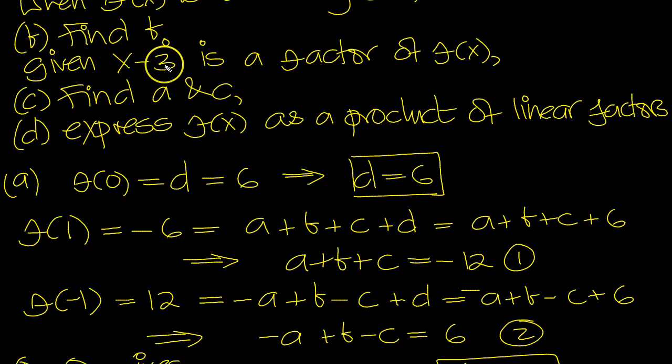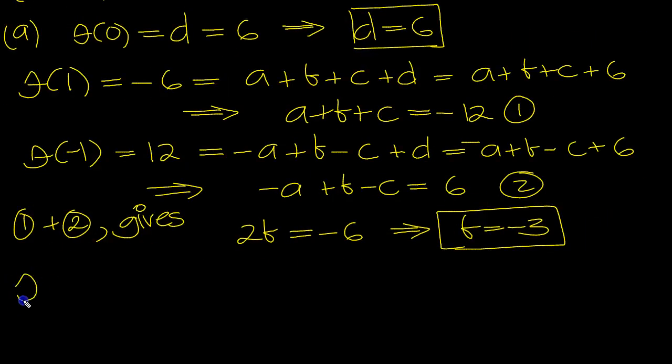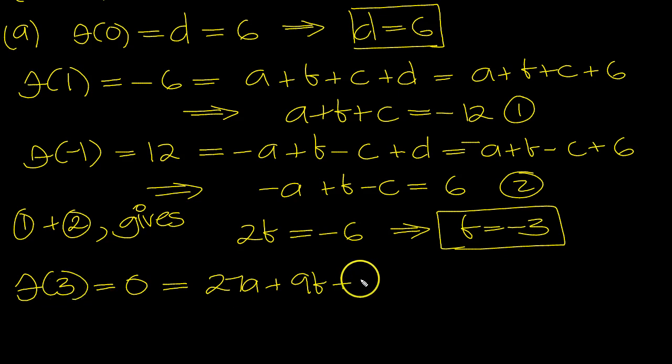Given that x minus 3 is a factor of f of x, so here f of 3 equals 0, doesn't it? Because it's a factor. So ax cubed, 3 cubed is 27, plus bx squared, 3 squared is 9, plus cx, 3c, plus d equals 0.